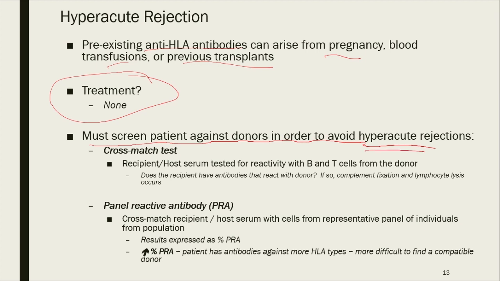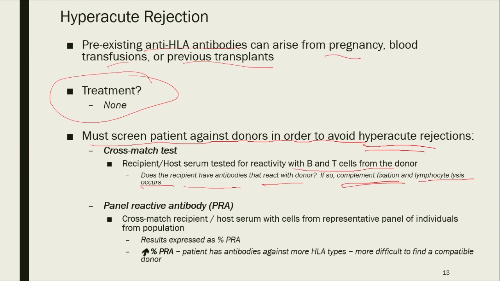Cross-match test, okay, mixing the sera together, looking at the reactivity between B cells and T cells. Does the recipient have antibodies that react with the donor? Looking at the complement fixation, okay, looking at if there's cell lysis, lymphocyte lysis occurring.